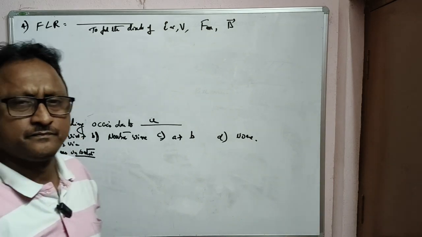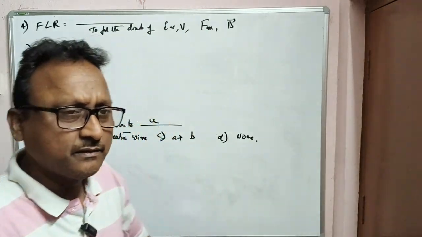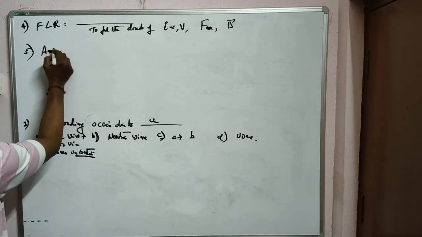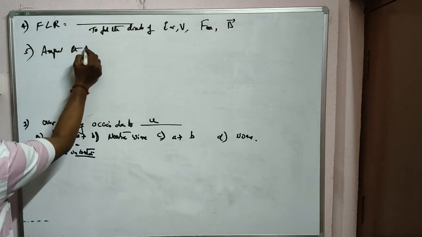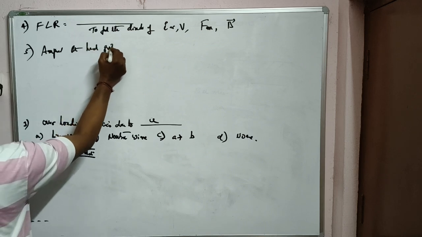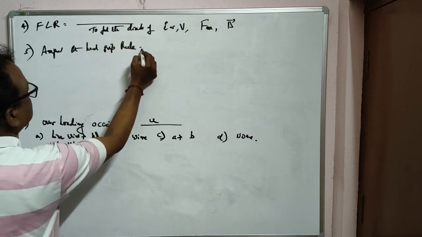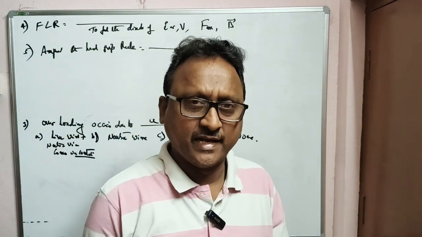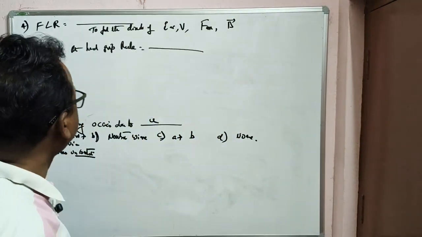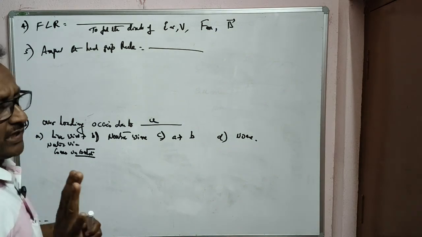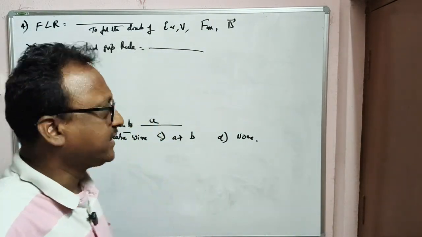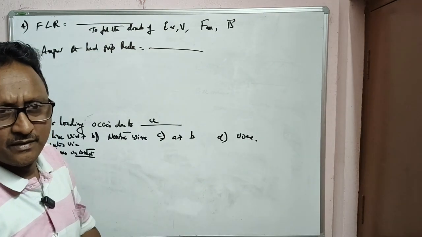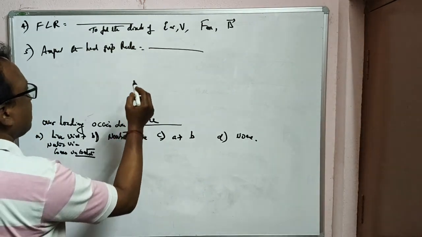Fifth one, what is Ampere's right hand grip rule? I told you this also in the concept. According to this grip rule, we can find the direction of what? Magnetic field.